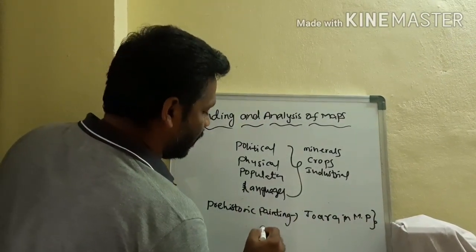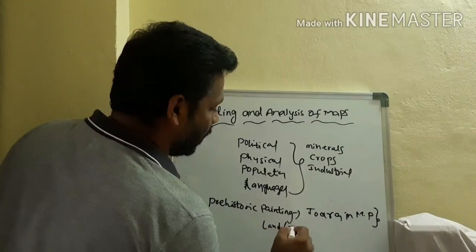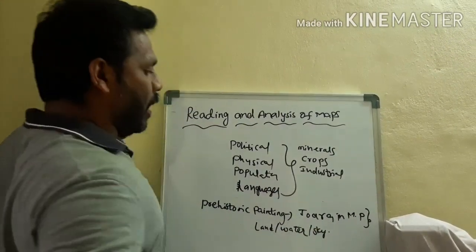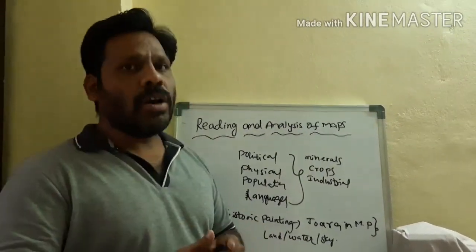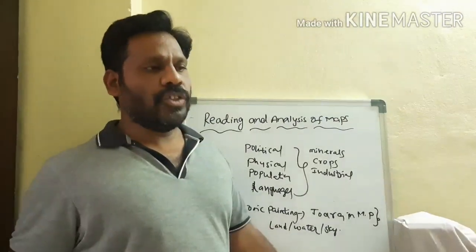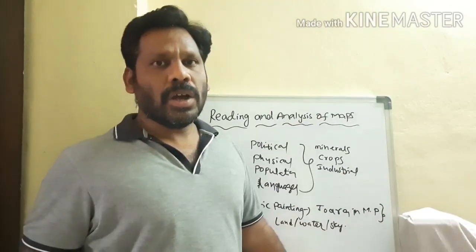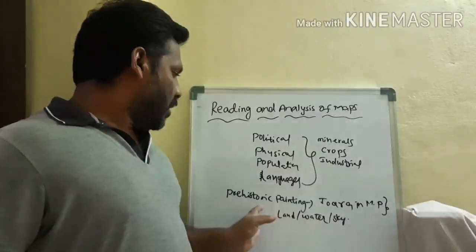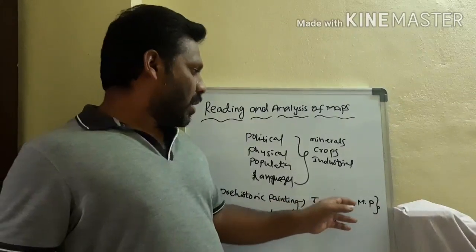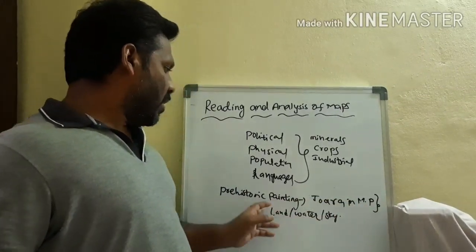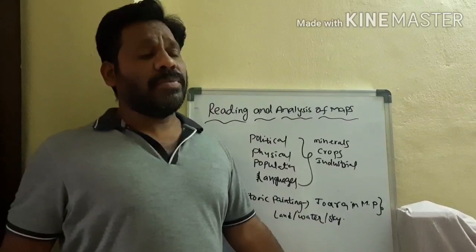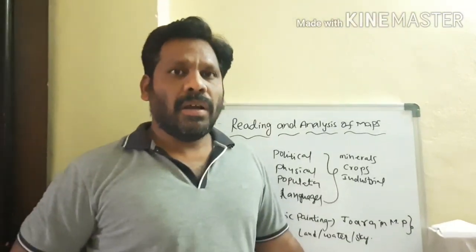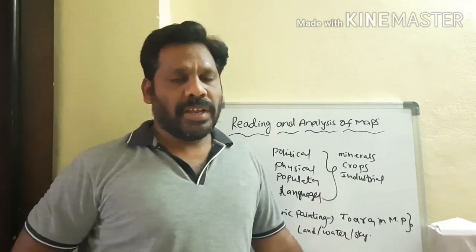It shows land, water, and sky. Speculation started on the cosmos, meaning the study of the universe. The prehistoric painting at Johora in Madhya Pradesh also depicts different pilgrimage centers, which are very important.